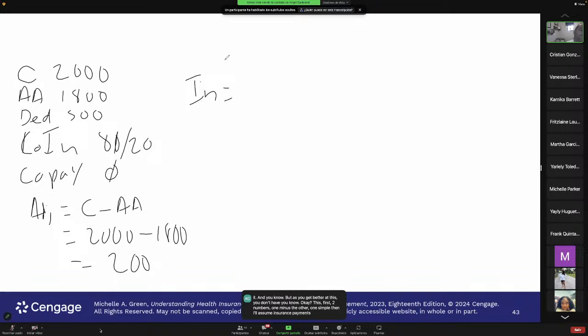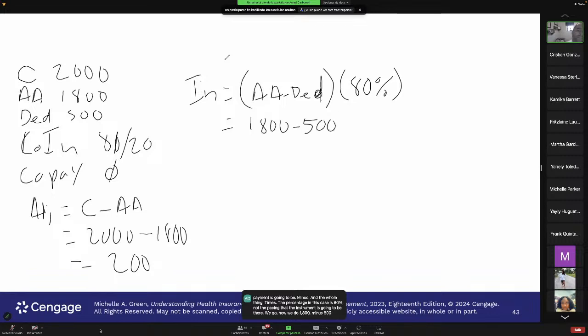Insurance payment is going to be allowed amount minus deductible, and the whole thing times the percentage. In this case, it's 80% that the insurance is going to pay. So we do 1,800 minus 500, and the whole thing times 80%. Now let's try this real quick.